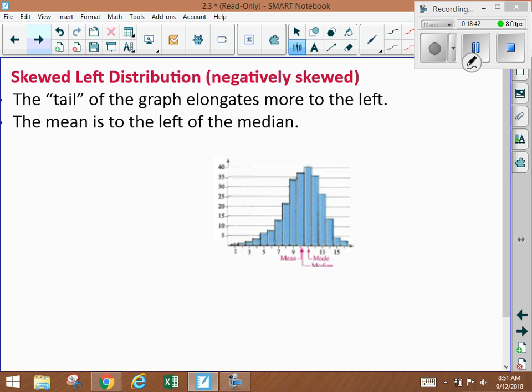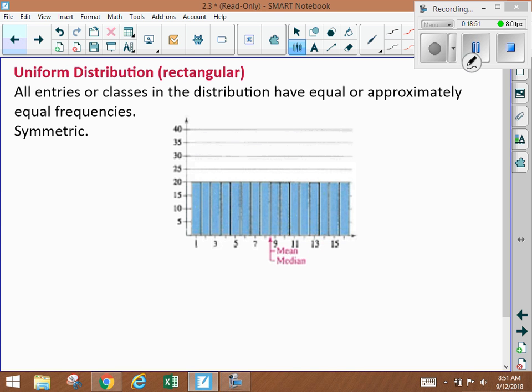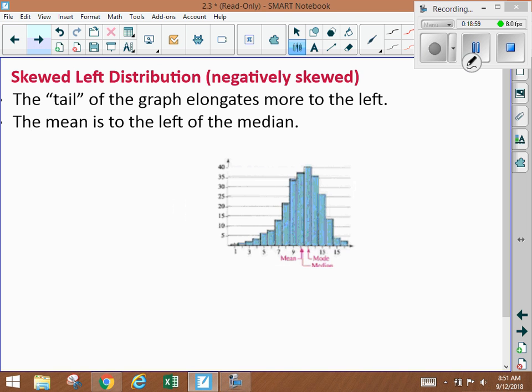All right, the next one, skewed left. It's a little counterintuitive because you see this big hump on the right. But what you want to think of is the tail.